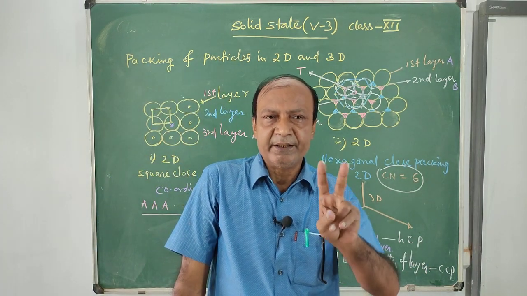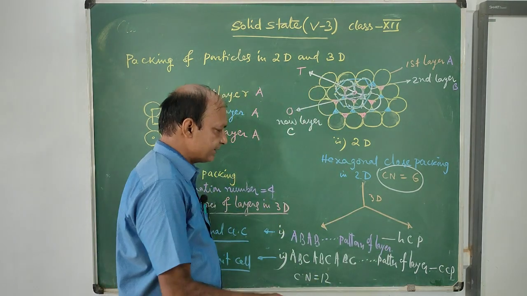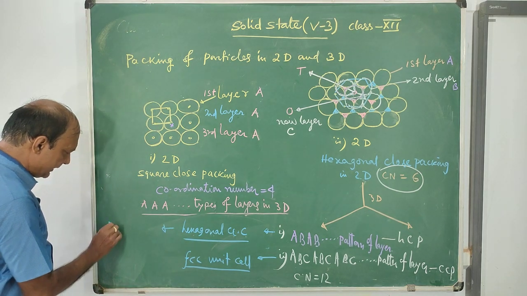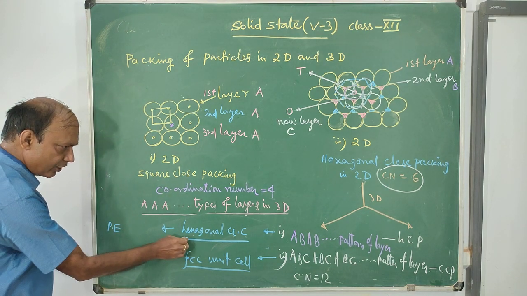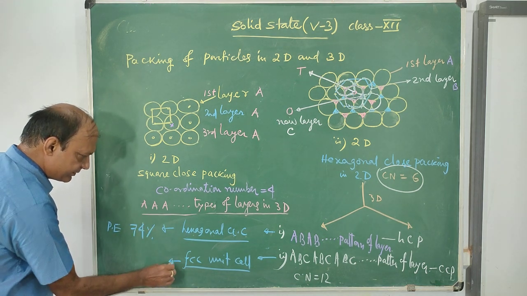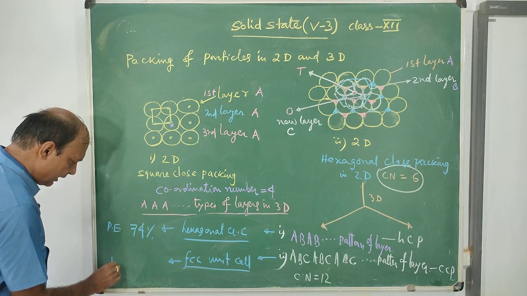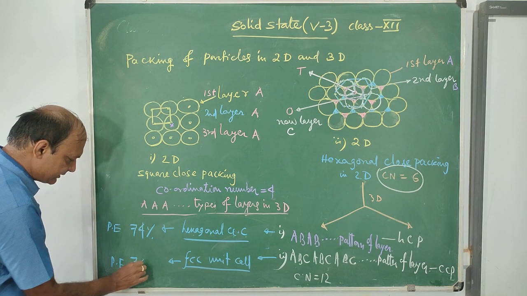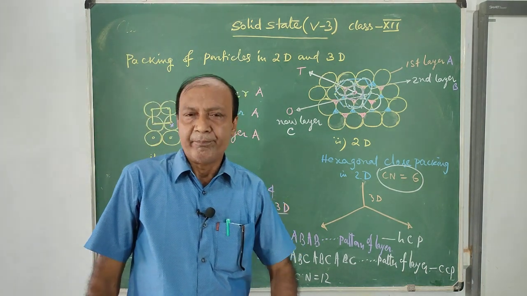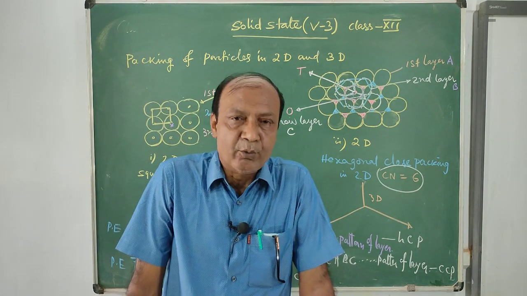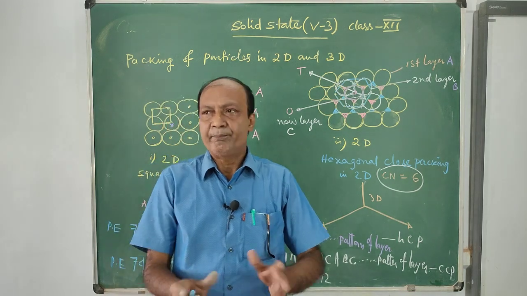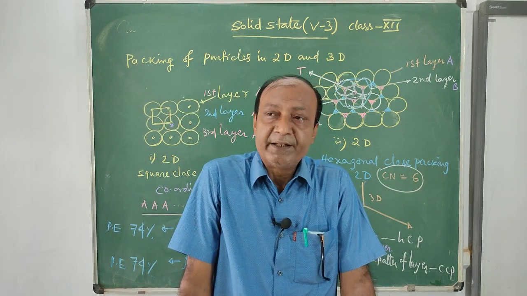Second similarity is packing efficiency. Packing efficiency in case of HCP is about 74%, and packing efficiency in case of FCC is also 74%. Both have the same packing efficiency, meaning the spheres are packing equally but in different layers.